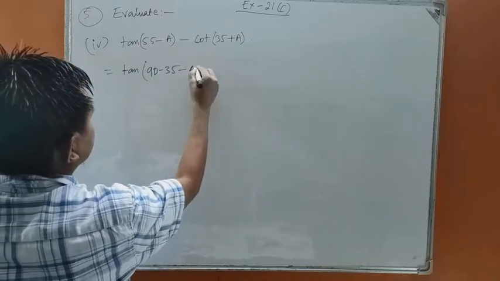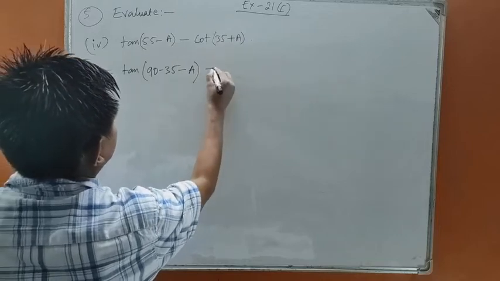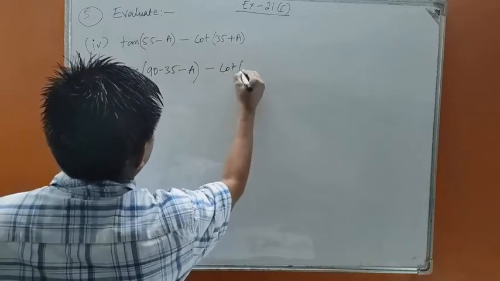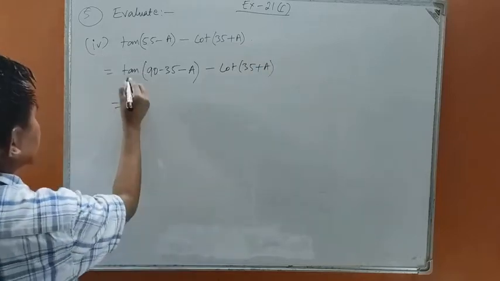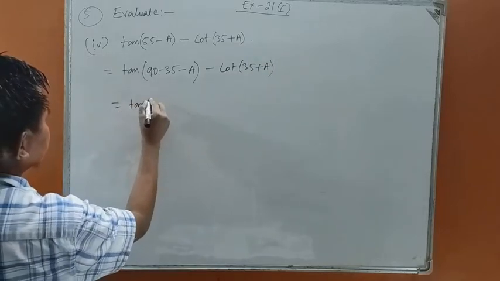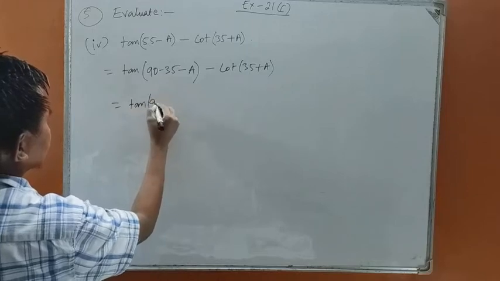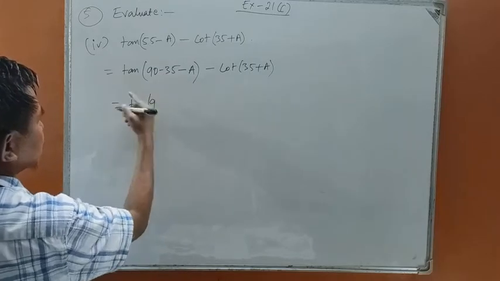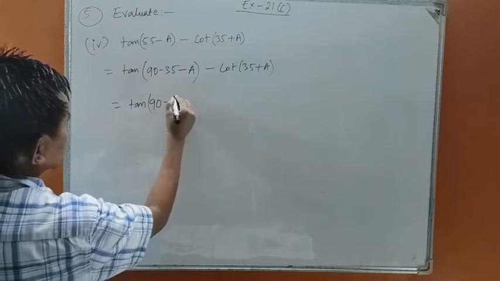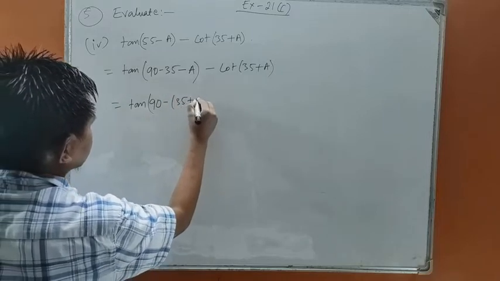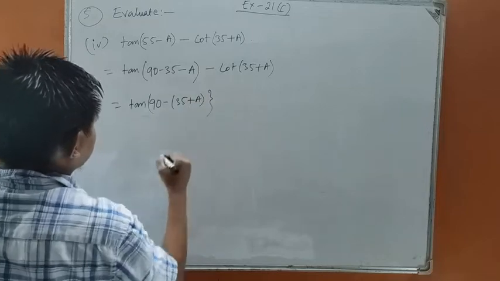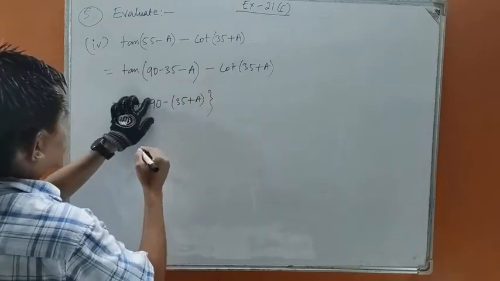We copy this as it is, minus cot 35 plus a. Now this is tan 90. Let us take the minus sign common, so this becomes 35 plus a, isn't it? Let us put this curly bracket here.